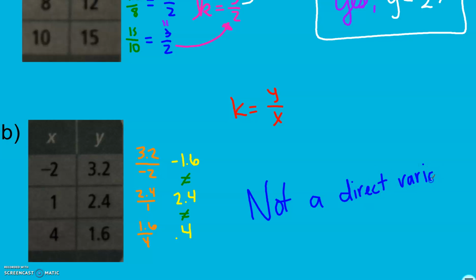Again, it's not a direct variation because in order for it to be a direct variation, my ratio of y's to x's has to be the same every time. Here it's not. If we plugged those in and found our k values, which is what we just did, we would not get the same thing. So it's not a direct variation. There is no k value.